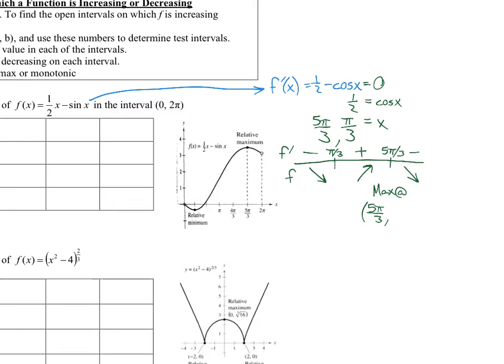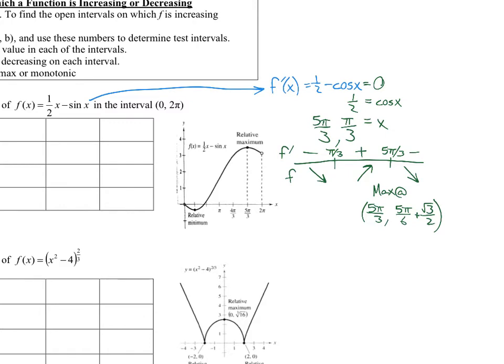So 1/2 times 5 pi over 3 is 5 pi over 6, plus root 3 over 2. And I don't care if you leave your y coordinate that. That's the exact value rather than rounding.